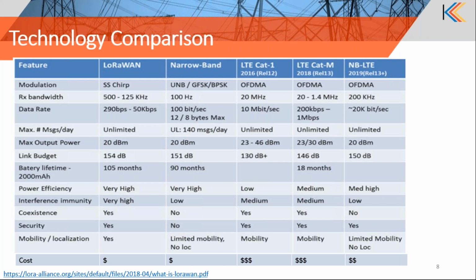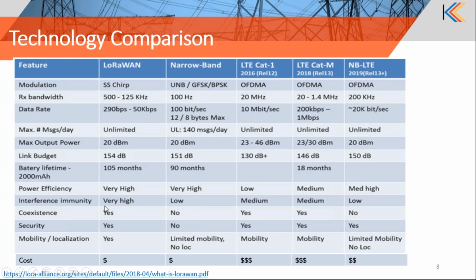However, for distribution monitoring, higher bandwidth is desirable but not mandatory, especially for low voltage network monitoring. The link budget is higher for LoRa, around 154 dB compared to 4G, which helps in a larger coverage area and uses a smaller number of base stations.